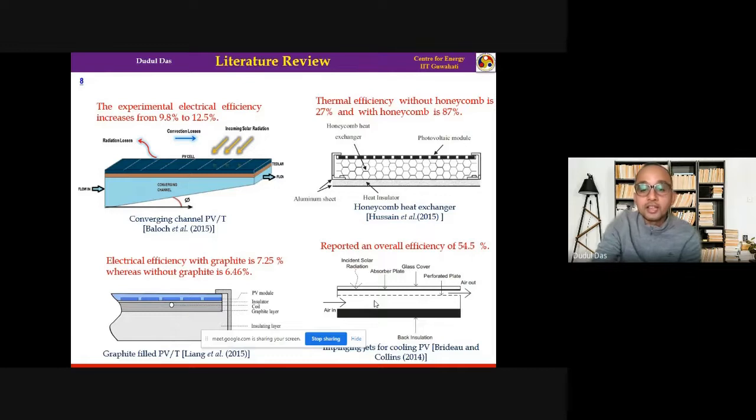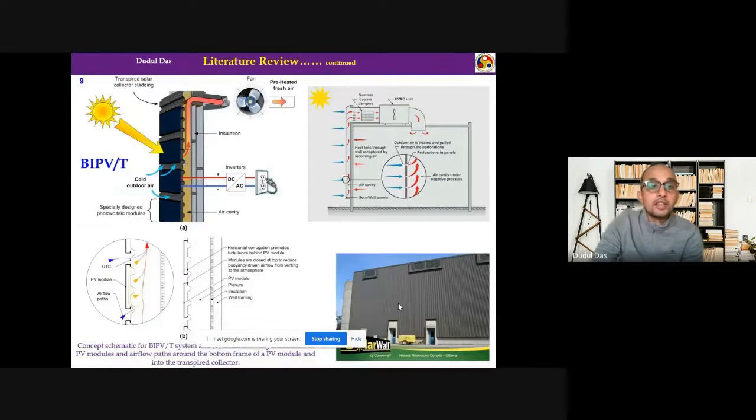And maximum energy can be extracted through this type of arrangement, which is called impinging jet cooling. And these are some of the well-established commercial designs of PVTs. These are called BIPVT, Building Integrated Photovoltaic Thermal System. These are prominent in countries like Canada, Denmark, and the Netherlands. They are utilizing it in their homes.